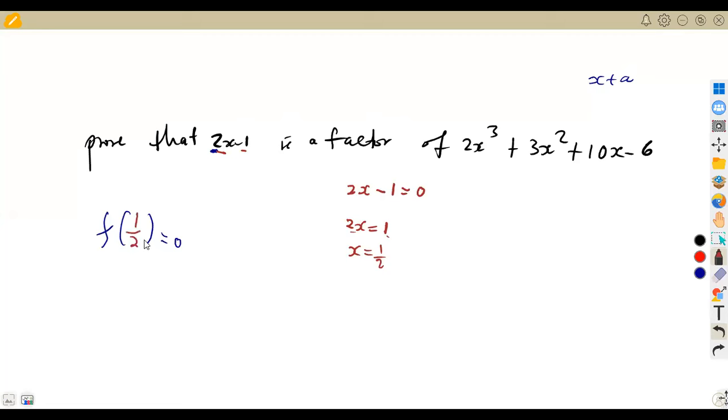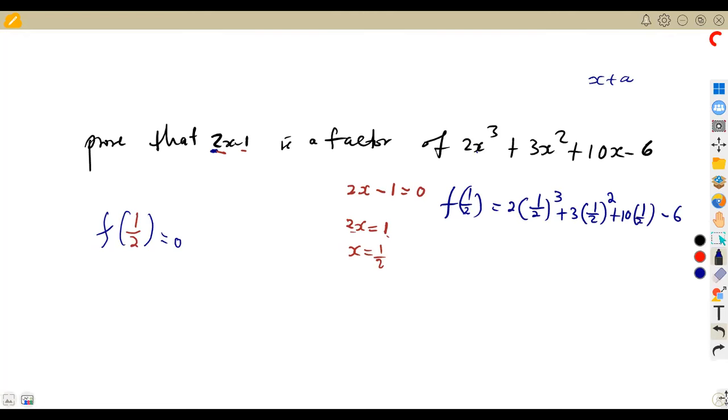So this is what we have: f of half equals 2 times half cubed plus 3 times half squared, plus 10 times half, substituting for every x.